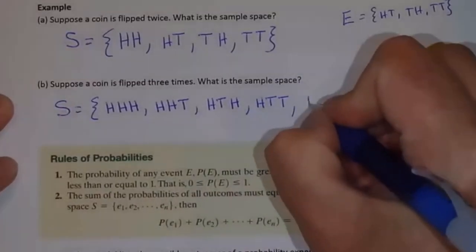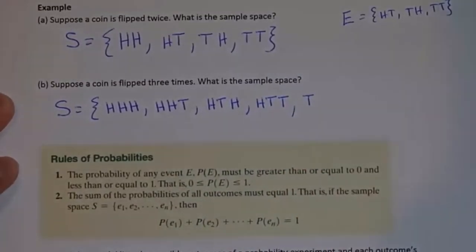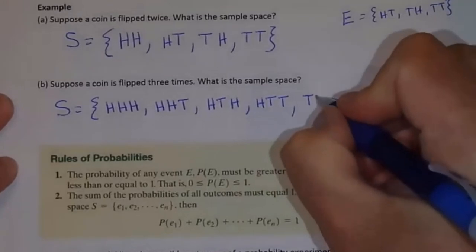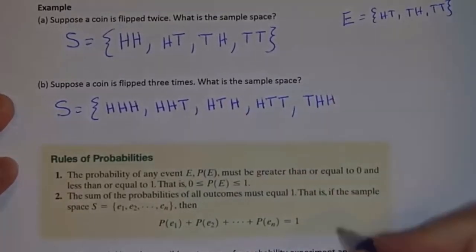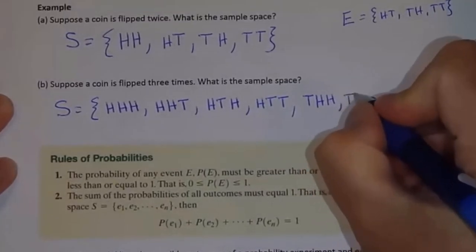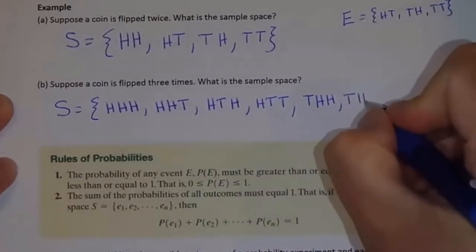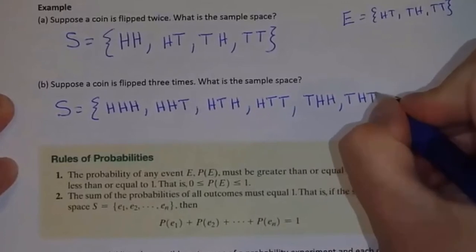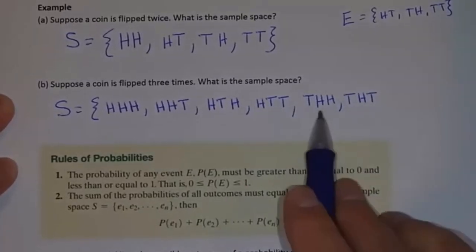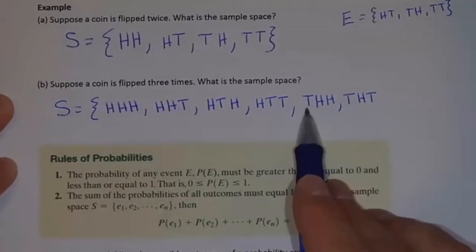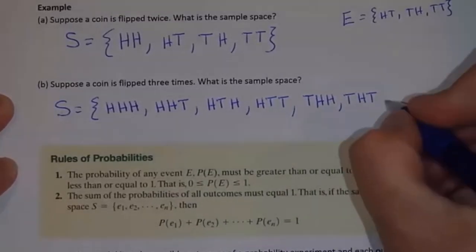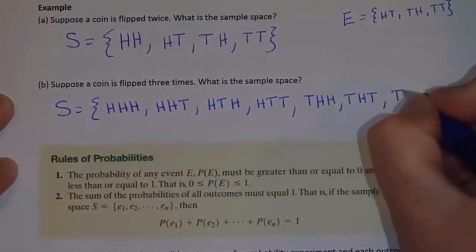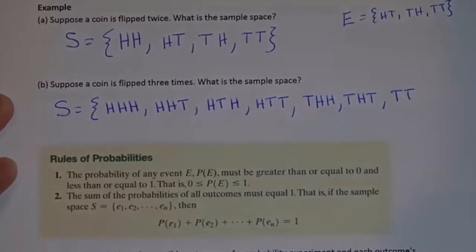What if I get tails on the first flip? If I get tails on the first flip, I could possibly get heads on the second flip and heads on the third flip. Or I could possibly get heads on the second flip and tails on the third flip. So these are the only 2 possibilities if I get tails on the first flip and heads on the second flip. I could also get tails on the first flip and tails on the second flip.